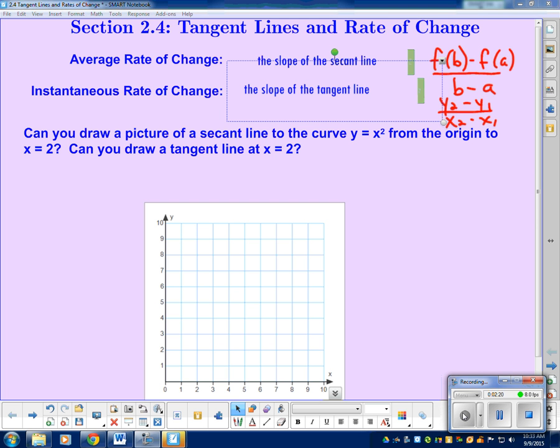So what I'd like you to do, don't write, just draw a graph, an XY graph with only the first quadrant, like I have here. And then we're going to draw just the right half of the curve y equals x squared. So at 0, 0, put a dot. At 1, 1, put a dot. 2, 4, 3, 9, and we'll stop right there.